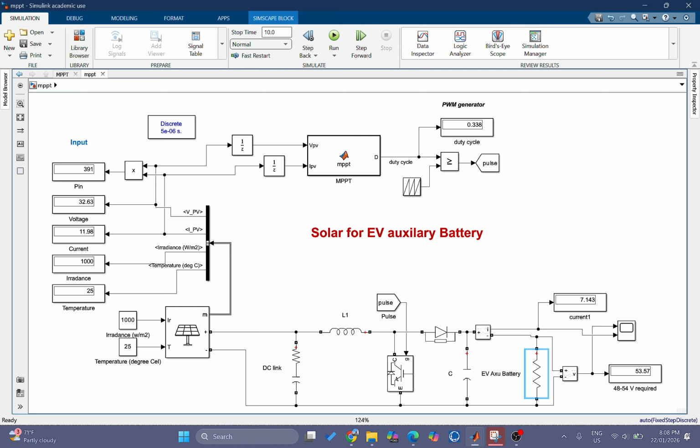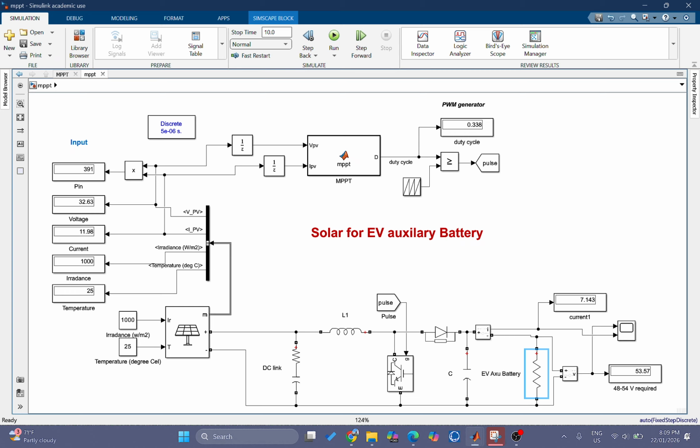Now this confirms that, to validate the model, we have an MPPT that produces the duty cycle, and it helps to boost the 32.63 volt to 53.57 volt, which is an operating auxiliary PV battery.